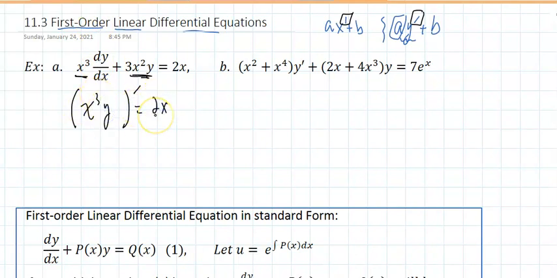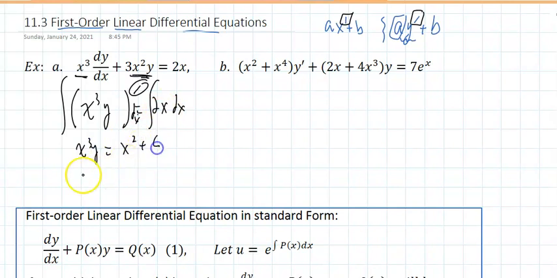So somebody made the observation that this is the product rule, and if you take an antiderivative with respect to x, then the antiderivative will undo the derivative, and you're left with x cubed y equal, this is x squared plus c. So y would equal x squared over x cubed.